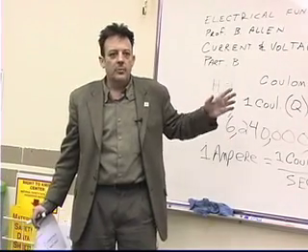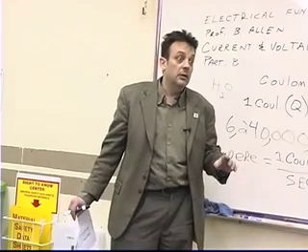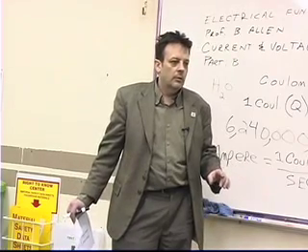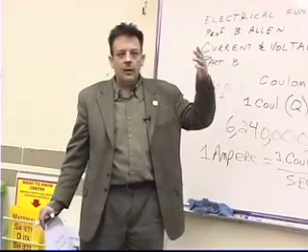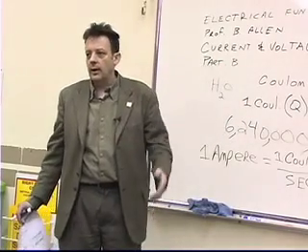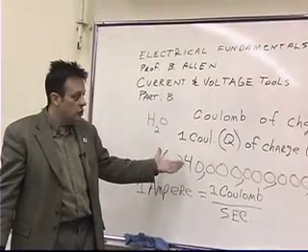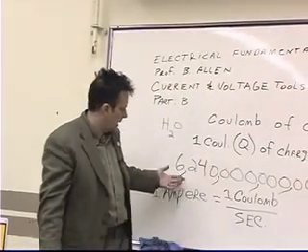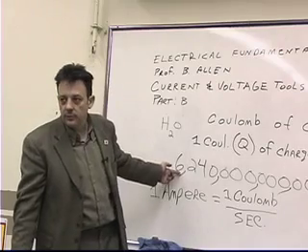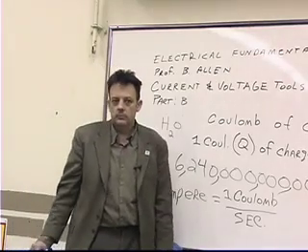I haven't done the math, but it's a big number. For all I know, it might be the state of California or it might be the country. I don't know. But it's a huge number.